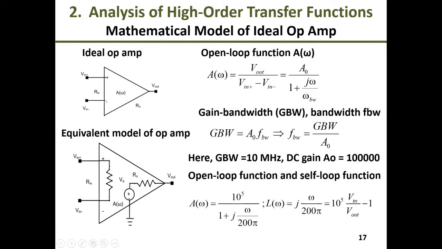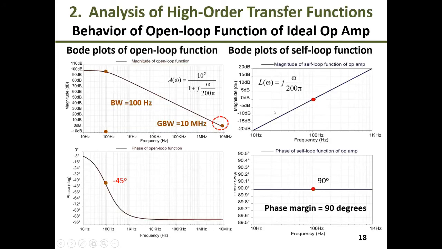And it's easy to define the open loop function and the loop gain function of an ideal op-amp. And you can see that at the unity gain of the loop gain function of an ideal op-amp, the phase margin is 90 degrees. It means that this system is absolutely stable.